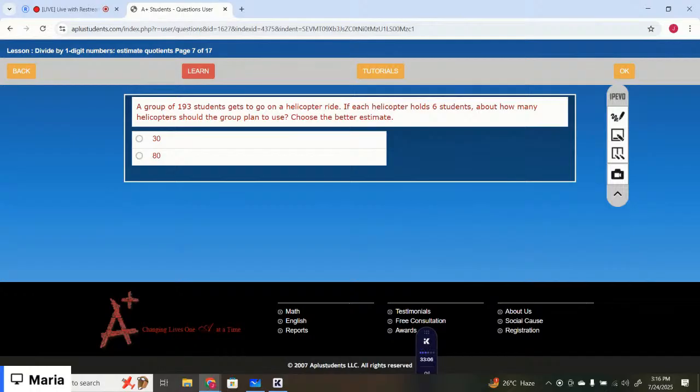A group of 193 students gets to go on a helicopter ride. If each helicopter holds 6 students, about how many helicopters should the group plan to use?